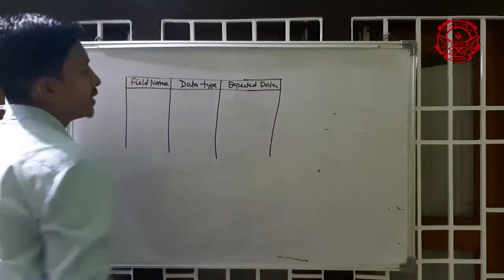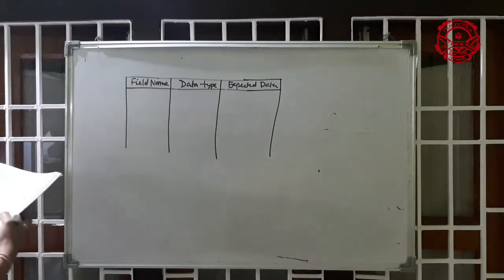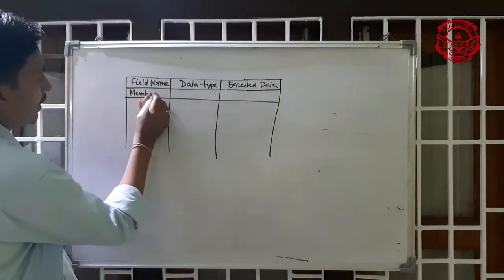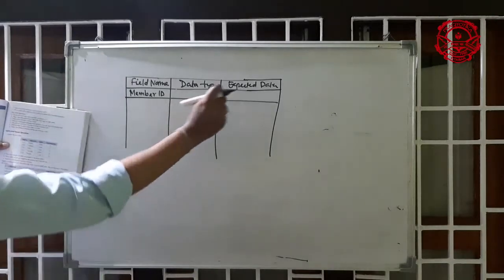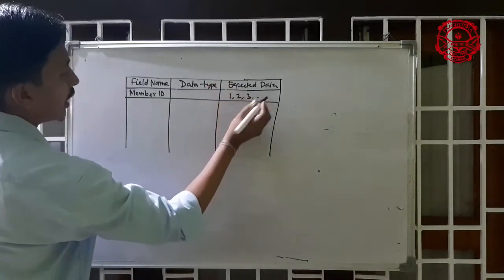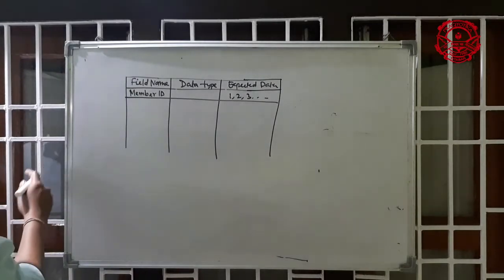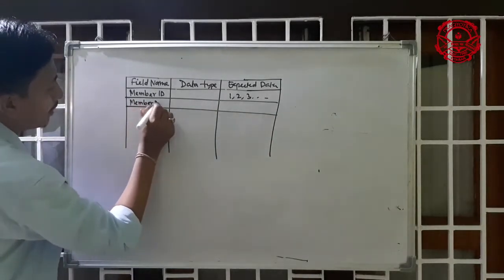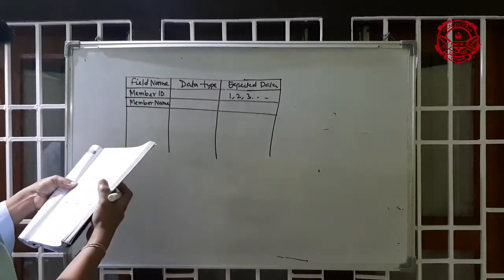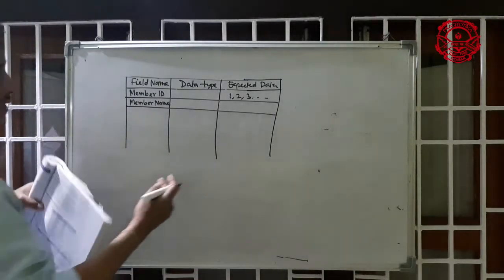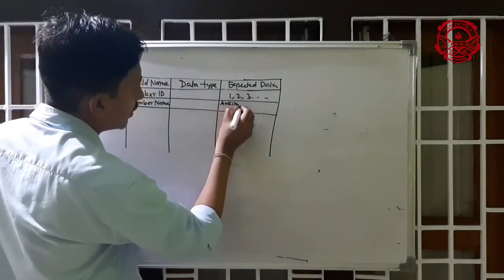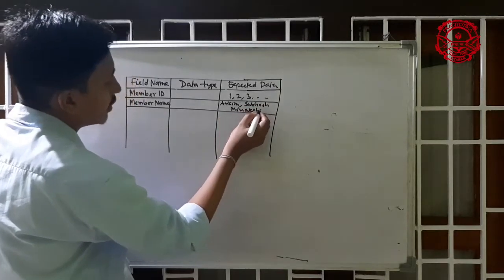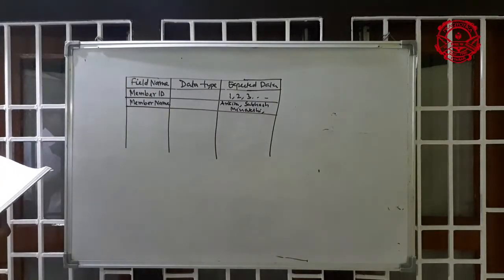Now see, first one is member ID, and its expected data is 1, 2, 3, etc. Number 2 is member name, and the expected is Ankita, Subhas and Meenakshi.